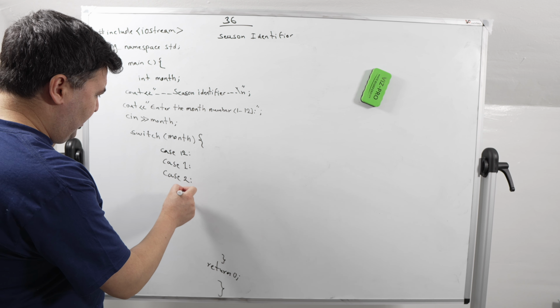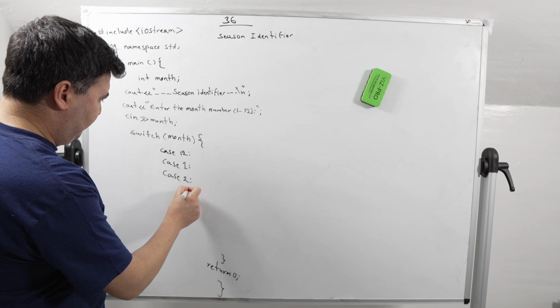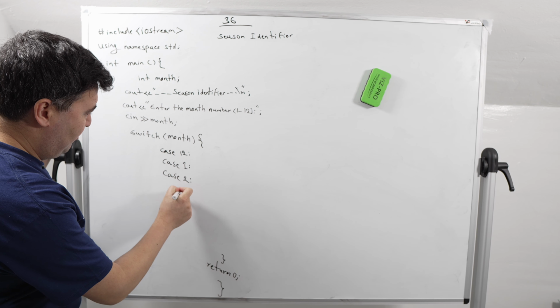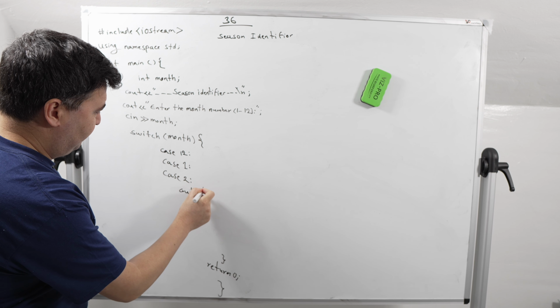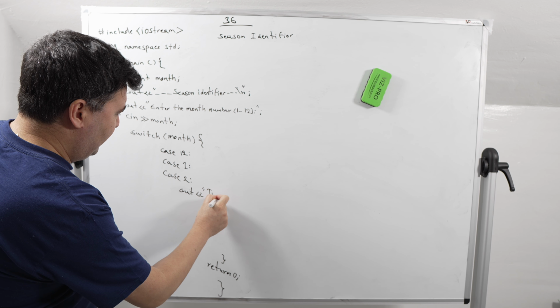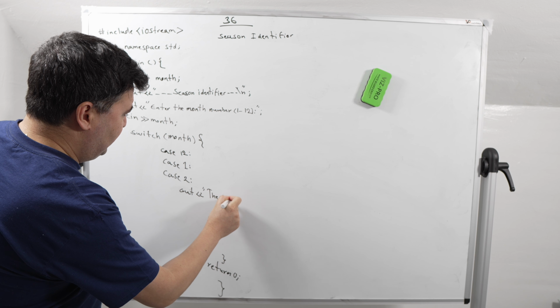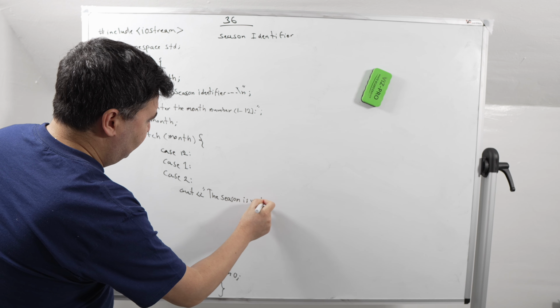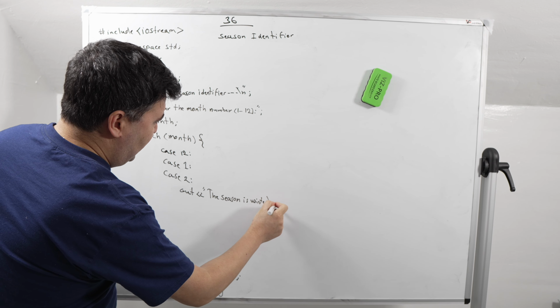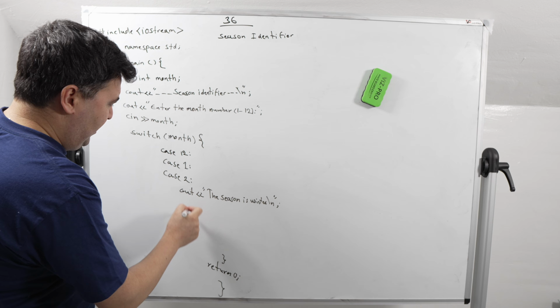So here I cout the season is winter. Now \n means new line and then break.